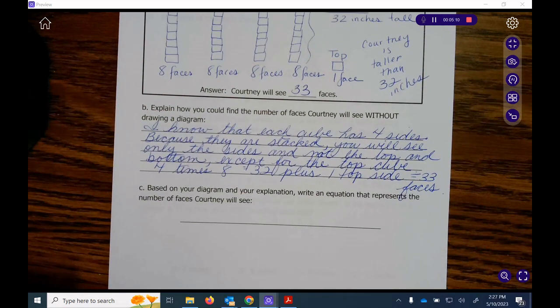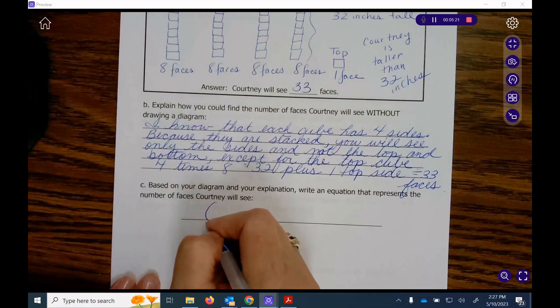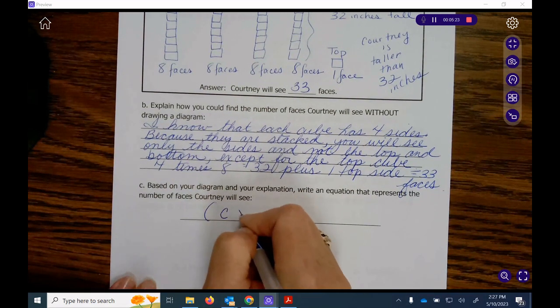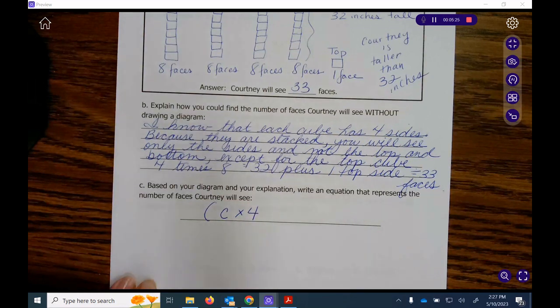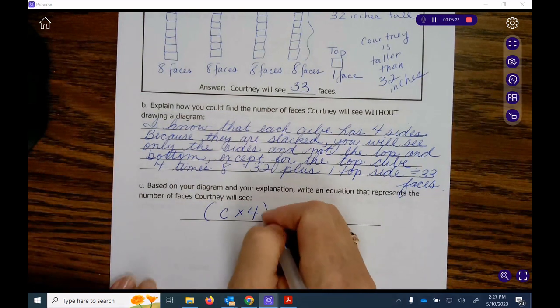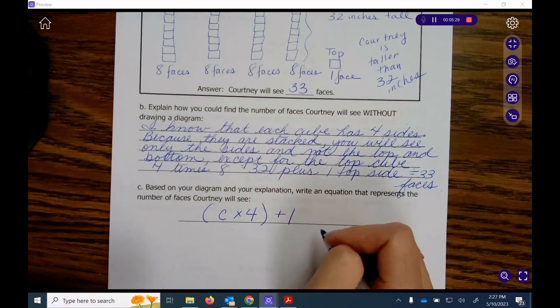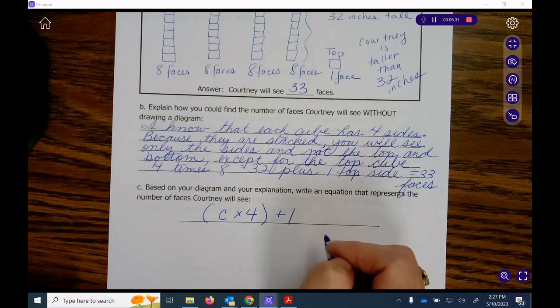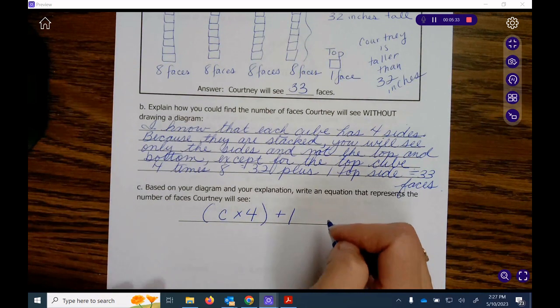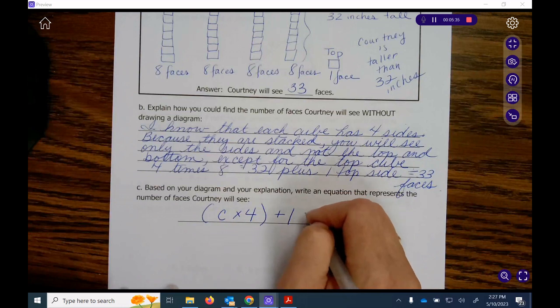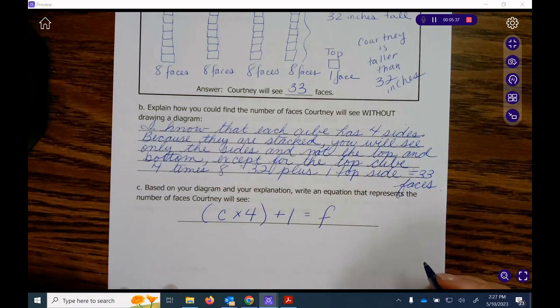Based on your diagram and your explanation, write an equation that represents the number of faces Courtney will see. So the number of cubes times 4, because there's a front, back, left, right, plus 1, because the uppermost cube, you'll be able to see the top, okay, equals the number of faces you will see.